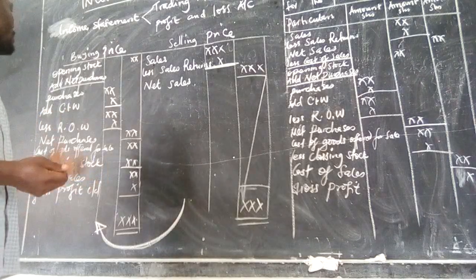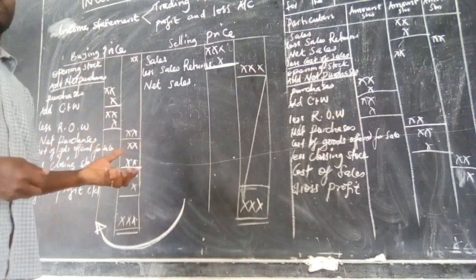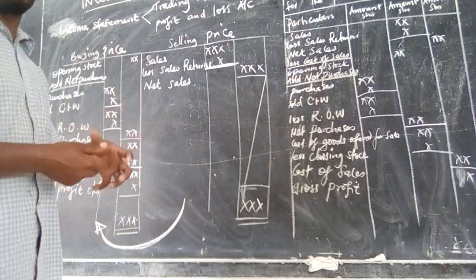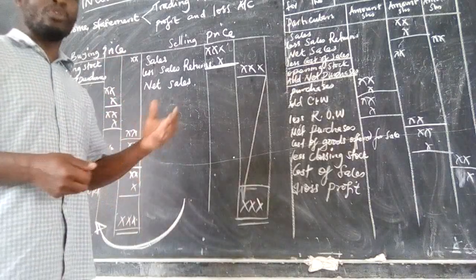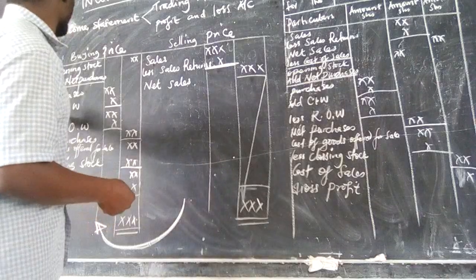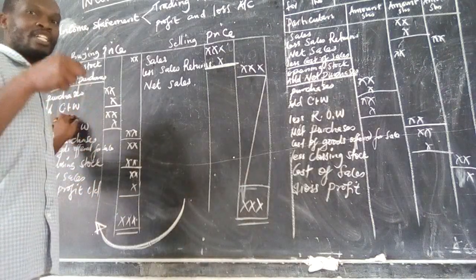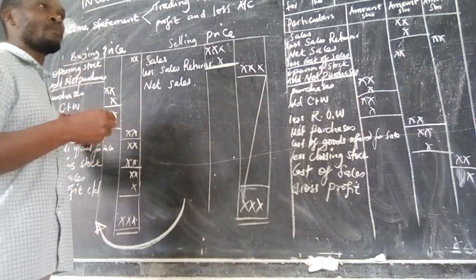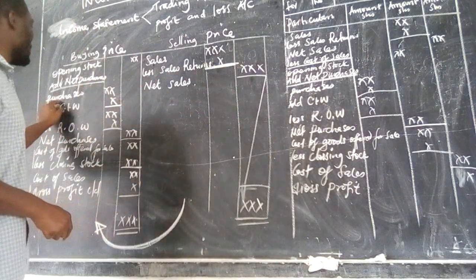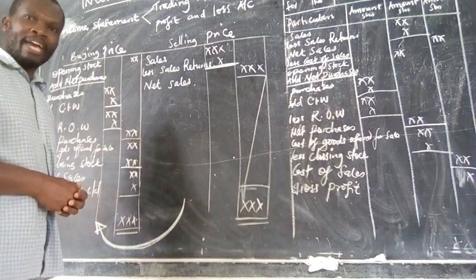At times, you can be given a number where this person paid a wage to someone carrying the goods on top of his head or using a wheelbarrow. For this illustration, I've just chosen only the carriage inwards, which is the transport used to transport goods bought for resale. So you add them onto the purchases. Why?